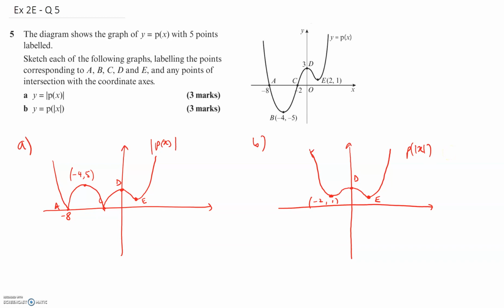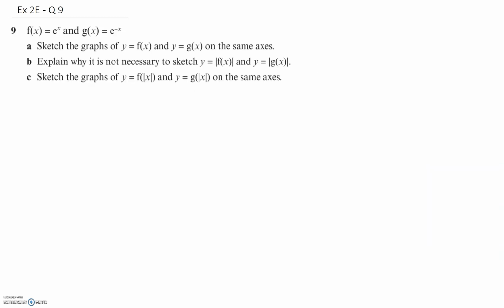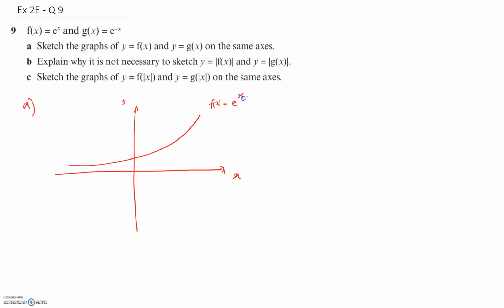Okay, let's have a look at question 9. Now these are two graphs that you should know how to sketch. The graph of e to the power of x and e to the power of -x. So the first question is, can you sketch the two of them on the same axes? E to the power of x, you must know, looks something like this, and they've called that f of x.